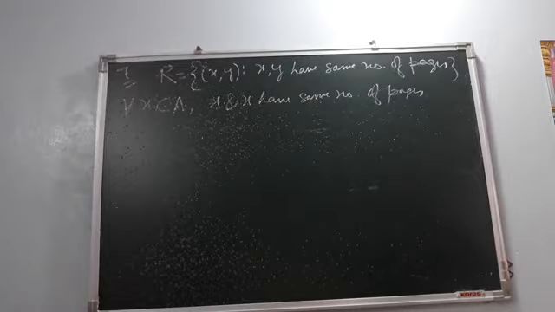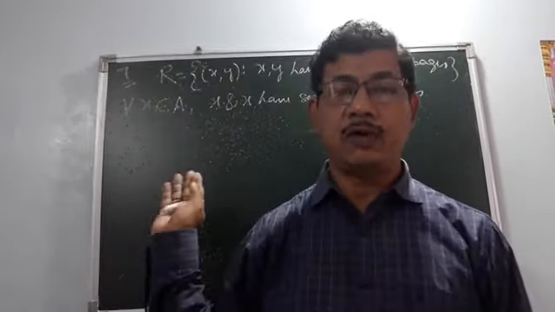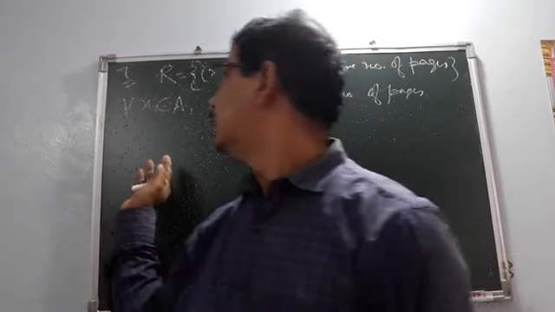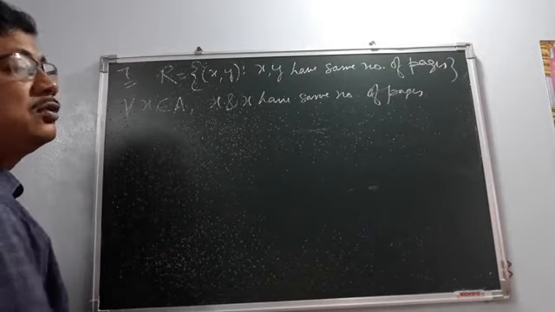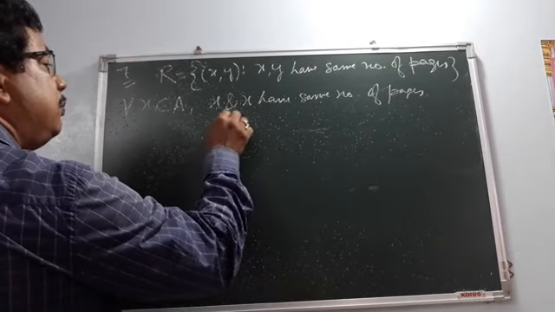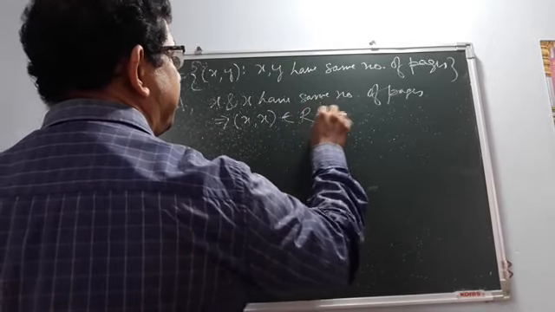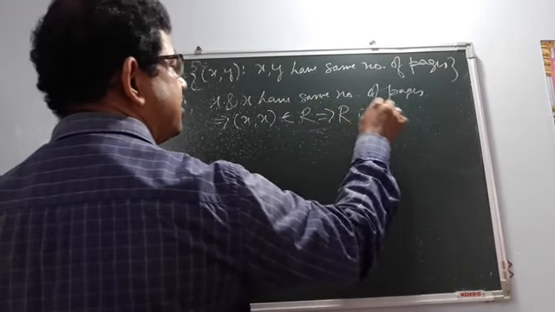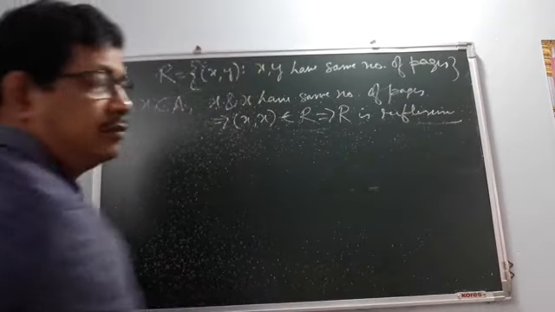One type of book can be found more than once in a library, so of course the same book has the same number of pages. This implies (x, x) belongs to R, implies R is reflexive.